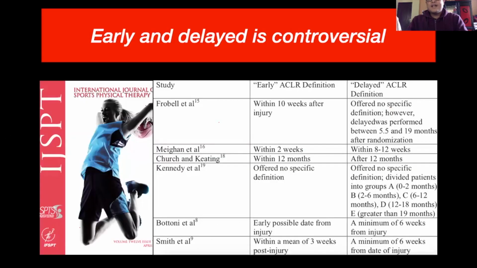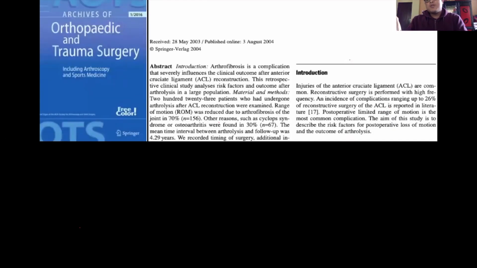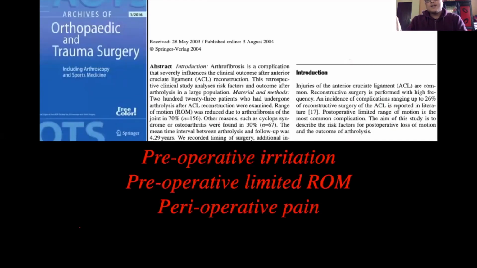And early and delayed intervention is very controversial. It depends upon various studies. Some say it is as early as possible, some say 2 weeks, or some say 10 weeks. So it is a very controversial thing. But what our panelists have agreed, I think, is the main cause of arthrofibrosis is not the time duration, but the irritable knee.